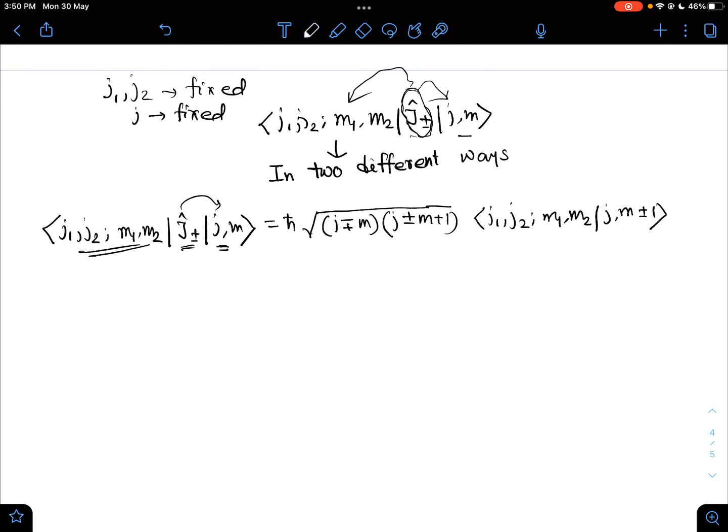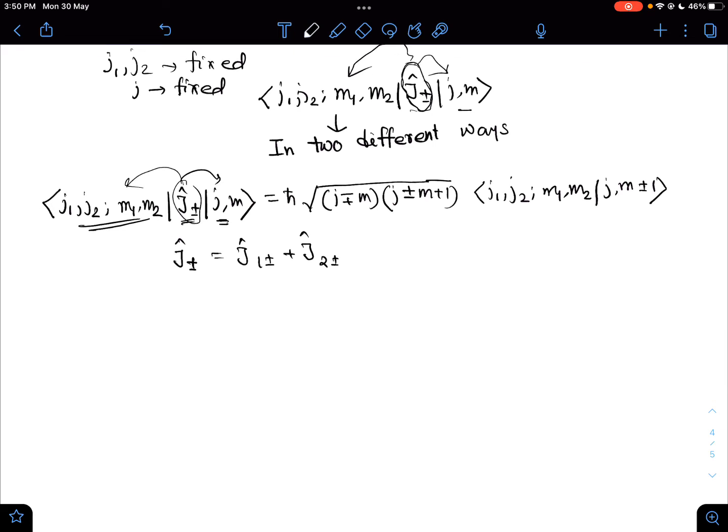Now let us add this J± on the left side. We can express this J as the summation of J1± and J2±. So if we evaluate this expression, we will get ⟨J1, J2, M1, M2| (J1± + J2±) |J, M⟩.